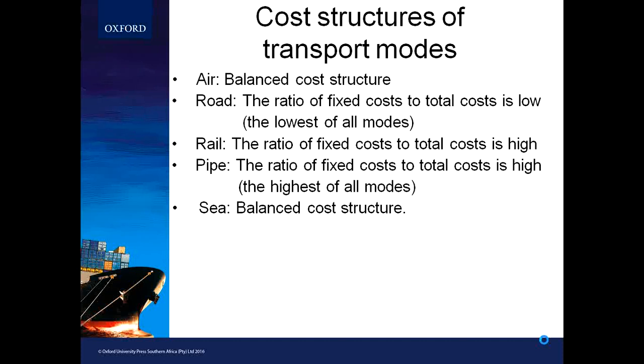Road, the ratio of fixed cost to total cost is low, the lowest of all modes. Rail, the ratio of fixed cost to total cost is high. Pipe, the ratio of fixed cost to total cost is high, the highest of all modes. And sea, balanced cost structure.